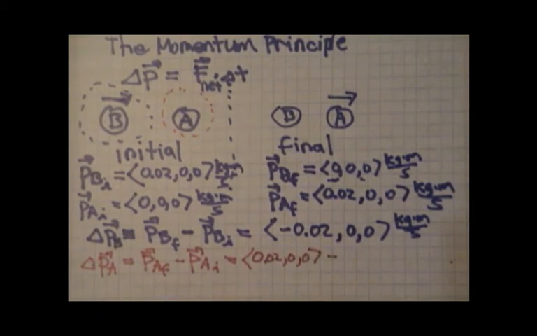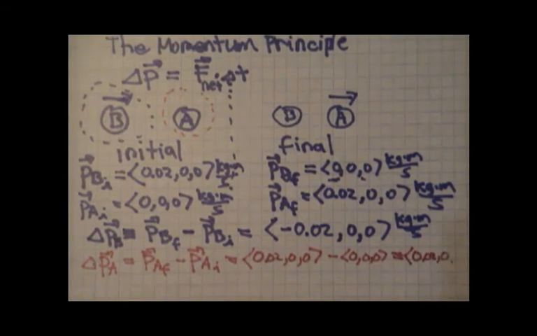And the initial momentum of ball A is 0, 0, 0. And when you subtract, you get a change in momentum of plus 0.02, 0, 0.